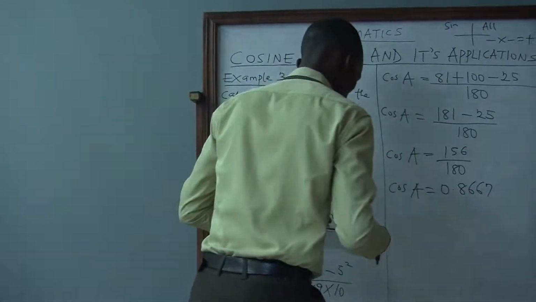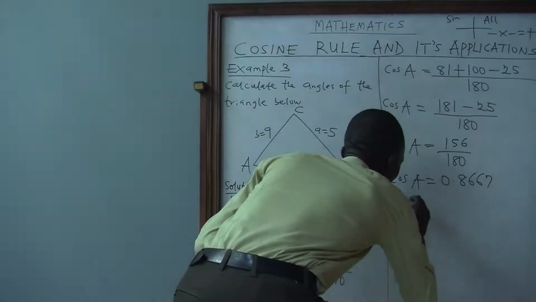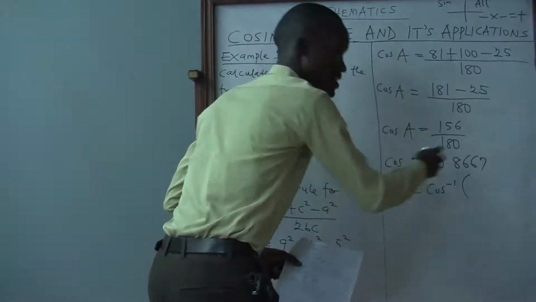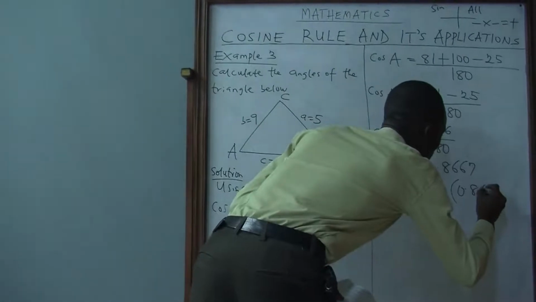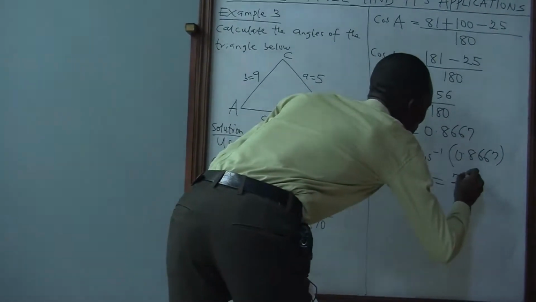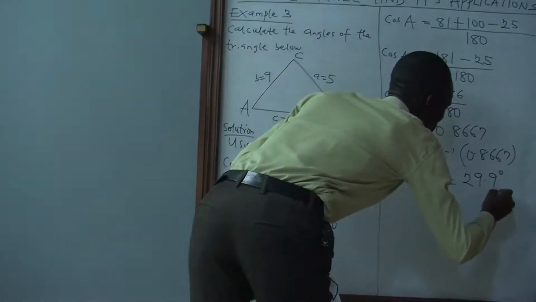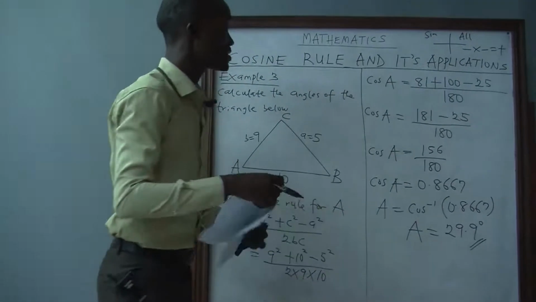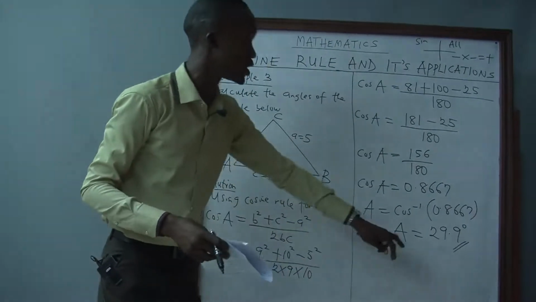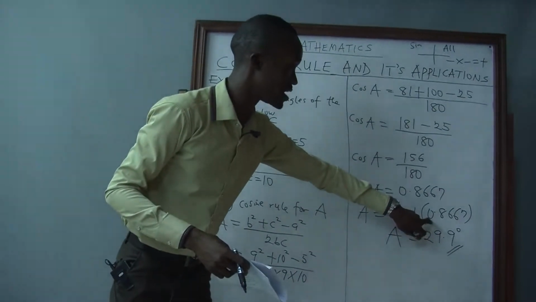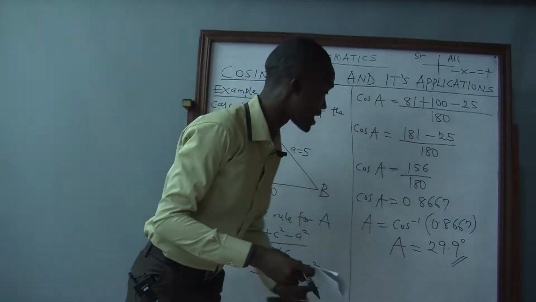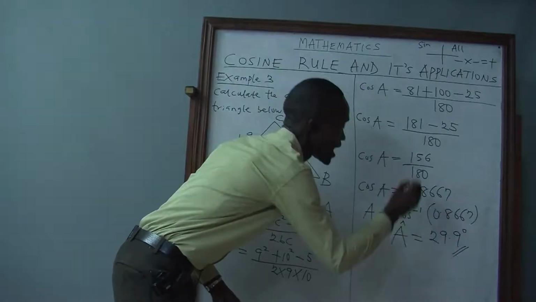And by doing that, we have A to be arc cos, which is the same thing as cos inverse of 0.8667. And from there, A is 29.9 degree. So that is 29 under 9. That is what is giving us the value that we have here, 0.8667. From the 4-figure table, we have been able to obtain it as 29.9 degree.